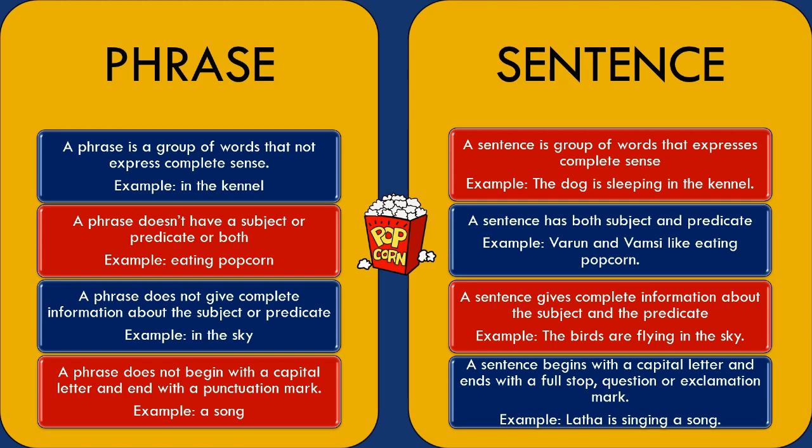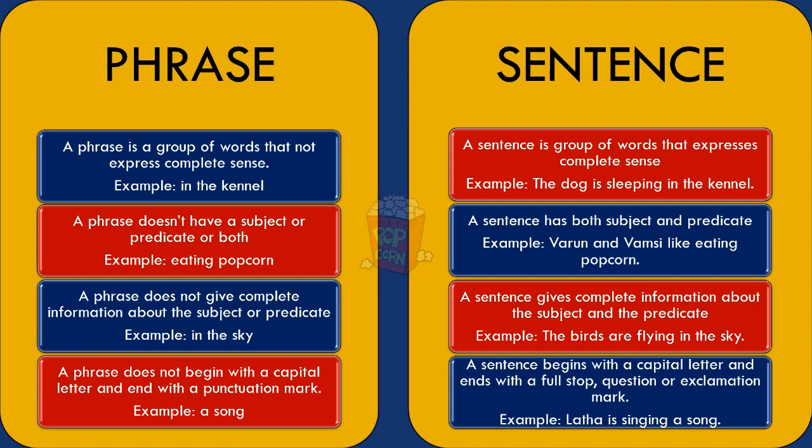So, how can you identify whether it is a phrase or a sentence? If it doesn't have a subject or predicate, it is a phrase, and if it has a subject and predicate, it is a sentence. Now let's go to the third difference.